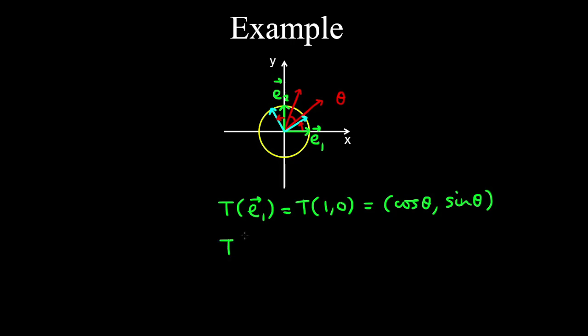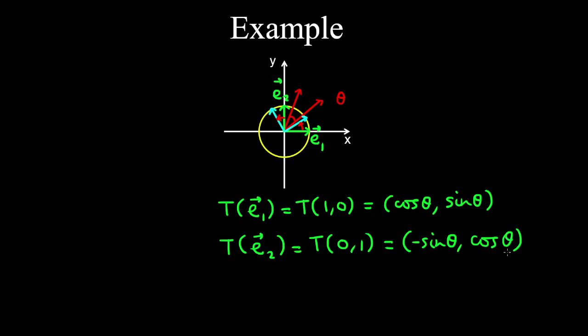And applying the transformation to the second unit vector, our second unit vector had initial components of 0, 1. So its new components are minus sine theta, which is this component over here, and the vertical component is cosine theta. So these are the images of the standard basis vectors.